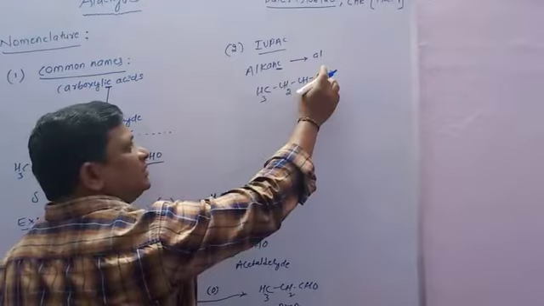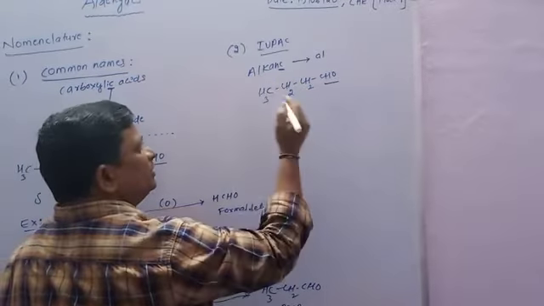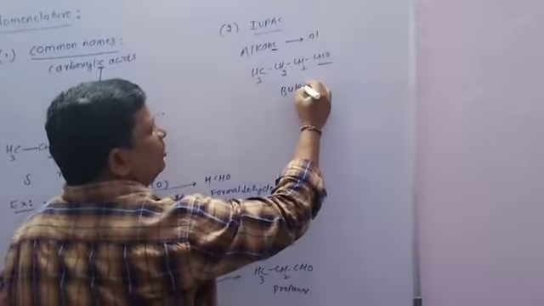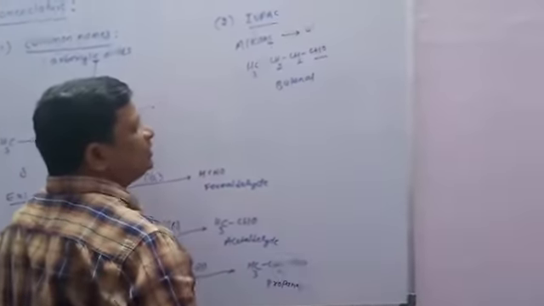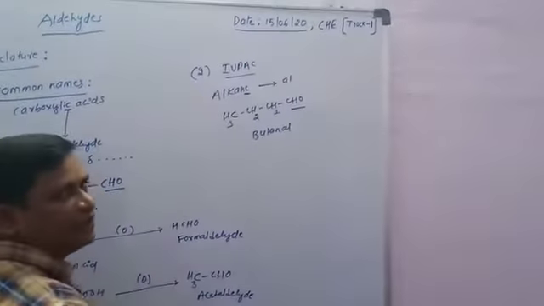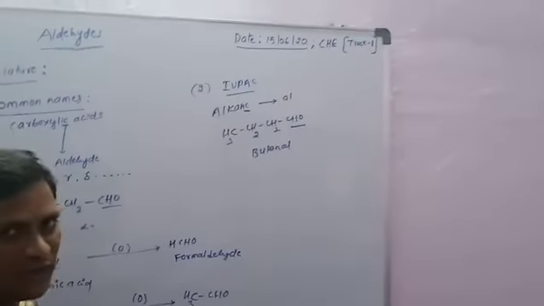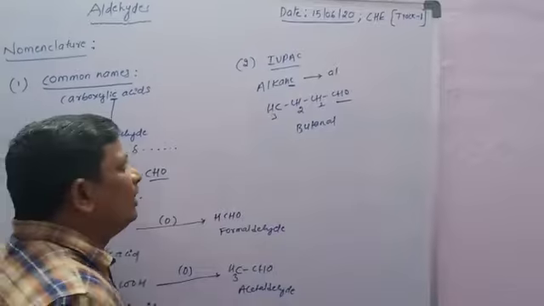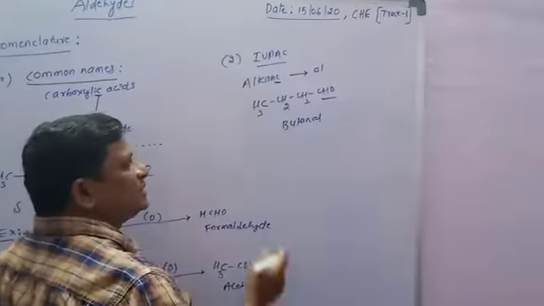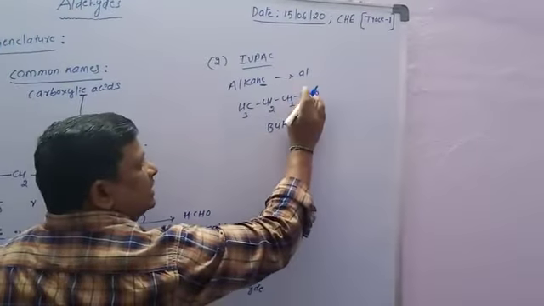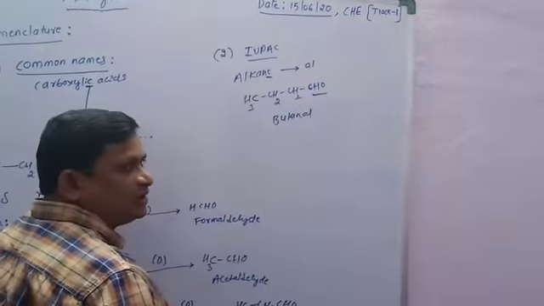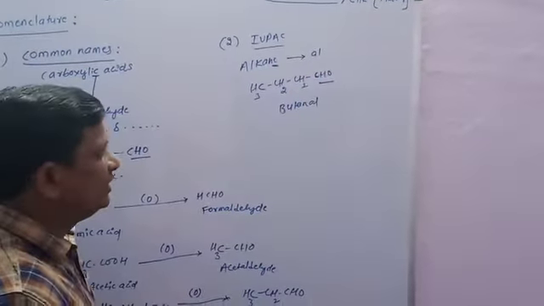Its name is meth, eth, prop, but, so it is butanal. It contains only one aldehyde group. If the compound contains more than three aldehyde groups, this carbon is not considered in the parent chain.